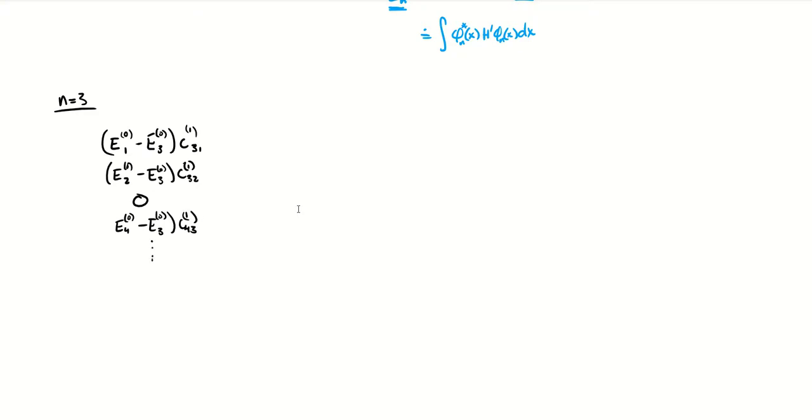Looked like this, dot, dot, dot, dot, all the way down. And that was the left-hand side of that first order perturbation.